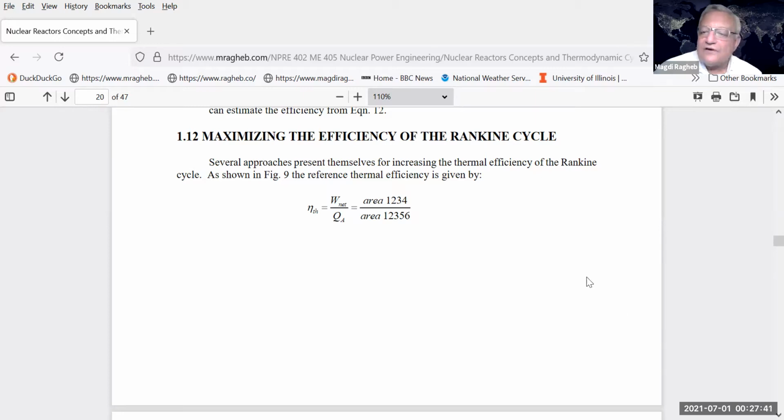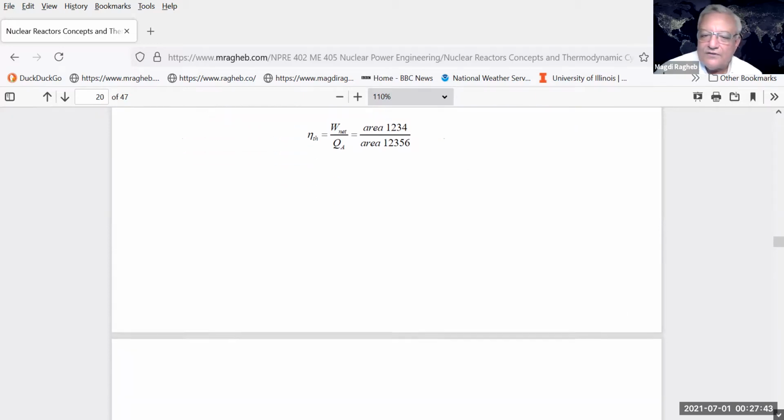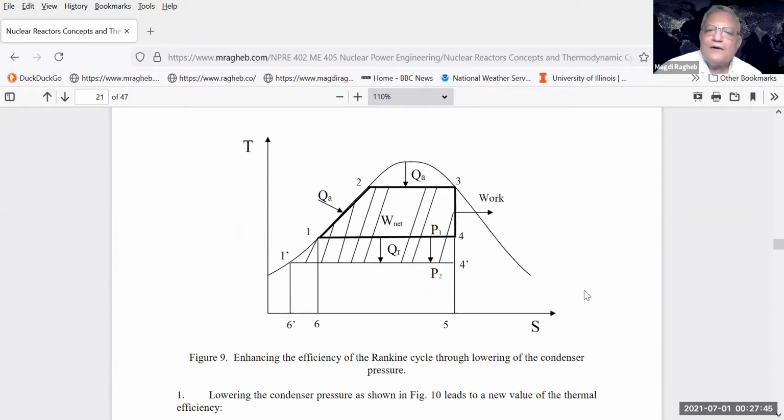So in that case, suppose that we take a TS diagram here, and we use a cycle in which we are adding the heat from 1 to 2, and this is a heat addition to heat the liquid in the core of the reactor. Then we use the latent heat of vaporization up to the saturation line, where the water becomes fully steam, expanded in the turbine, and then condense it back to 1.